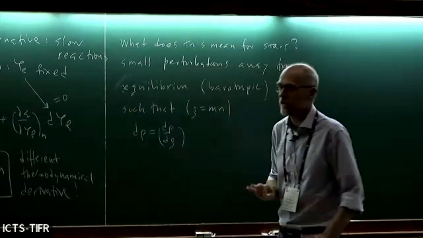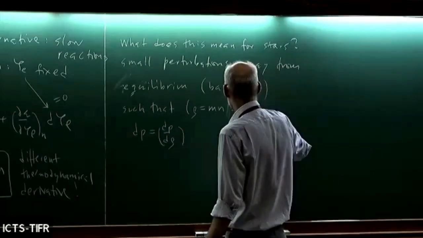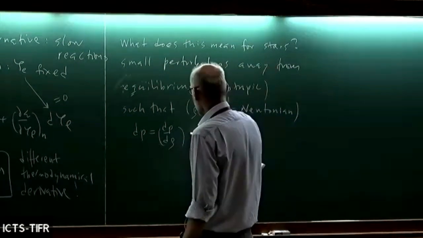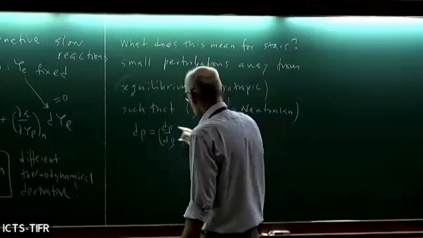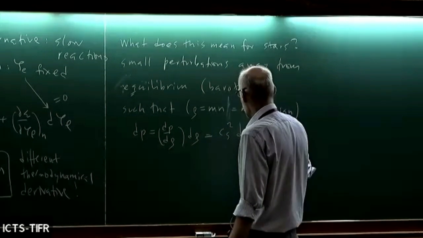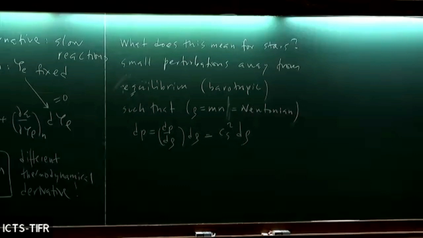I'm going to be Newtonian, so I'm just going to do it like this, okay? And so this is dp d rho. There's one parameter only, so it's a straight derivative, and I can define this as the sound speed squared in the background. Okay? It's a definition. You don't know at this point that this is going to be the sound speed. We'll see it, okay? But right now I'm just preempting this because I know it.